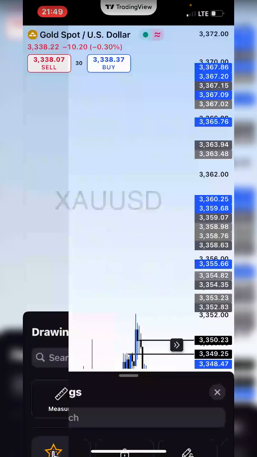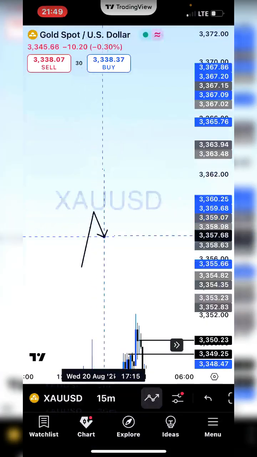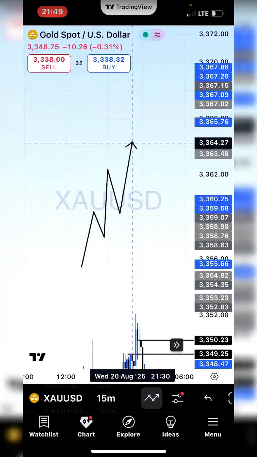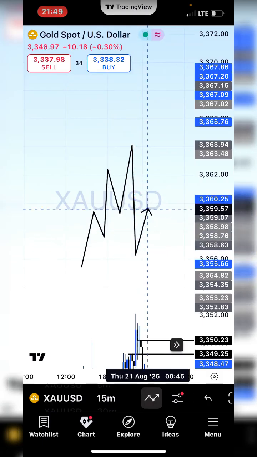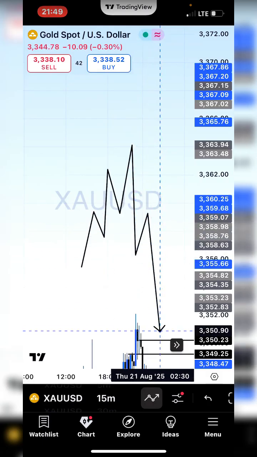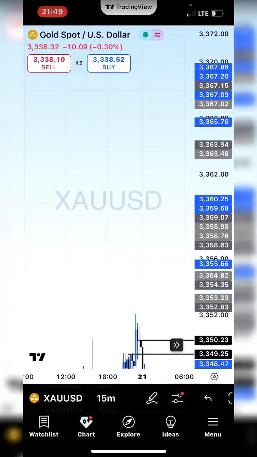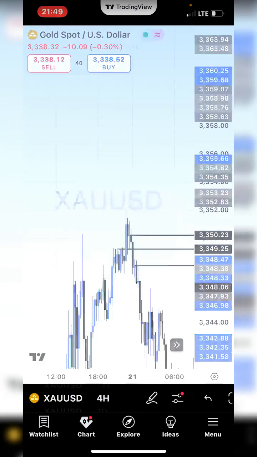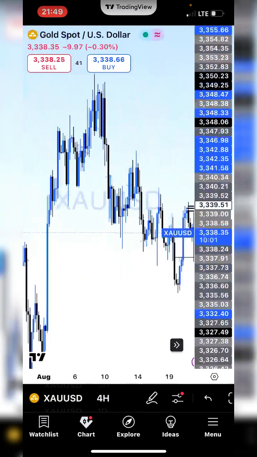We just have a break, and then when price retests, we're expecting price to continue buying. Or if price breaks down, when it comes here, we're expecting price to continue selling. Do you guys understand? Like I said, I mostly use this for higher time frame analysis, and I'll teach you guys that.